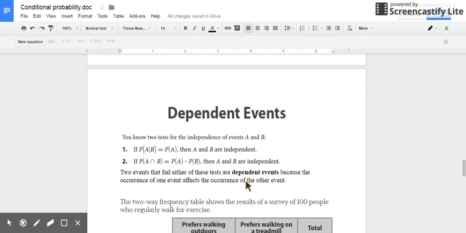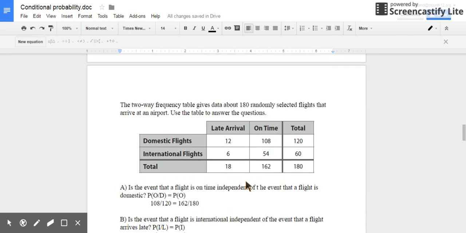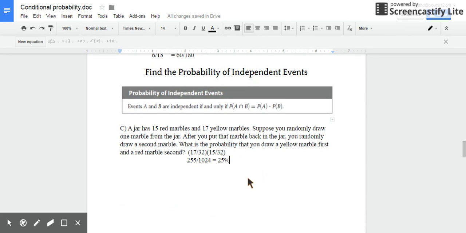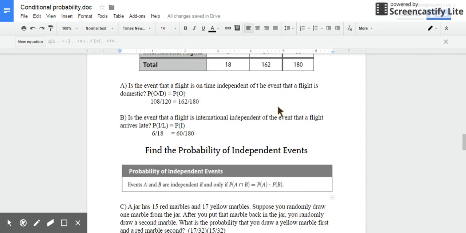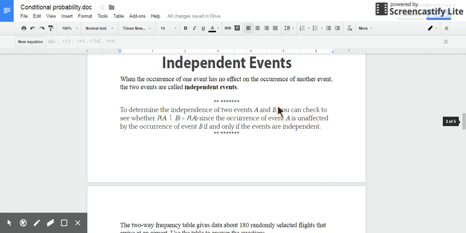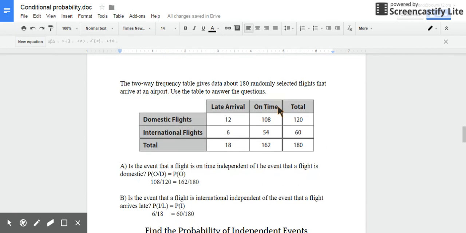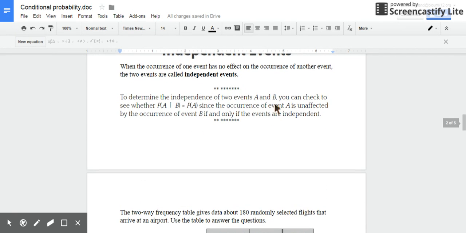Okay, so we know what we're going to get for the intersection of two independent events and how we know that they're independent. We're going to check that the conditional probability equals the single probability.